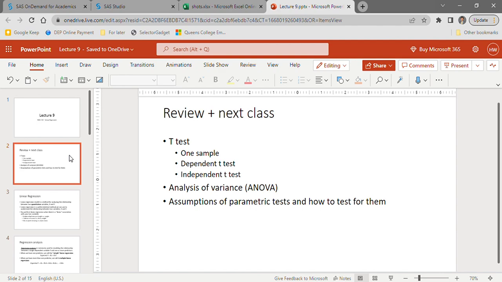So you should know when you would use a one-sample t-test, and the differences between a dependent and independent t-test. You should know when to use ANOVA, and then you should be able to make a decision and determine which group is different from the other groups, right? So these are really important things that you need to have a grasp of right now.